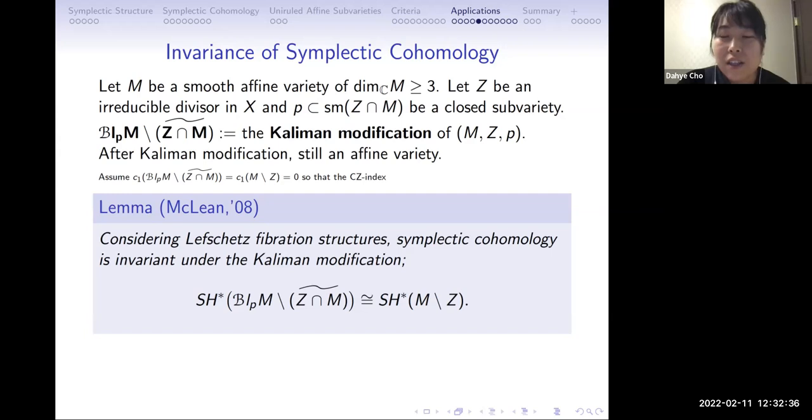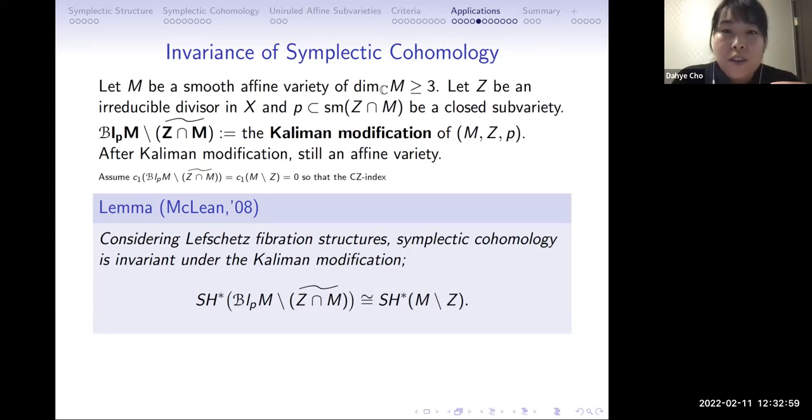Weinstein handle attachment is an interesting idea, and another interesting construction is the Kaliman modification, which actually makes an affine variety into another affine variety.